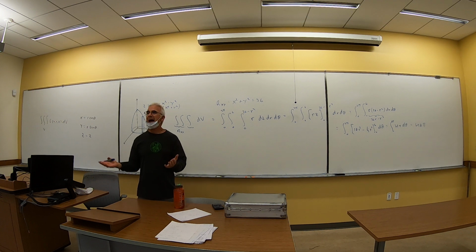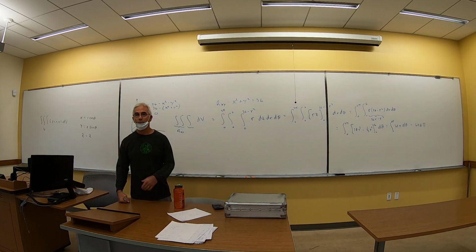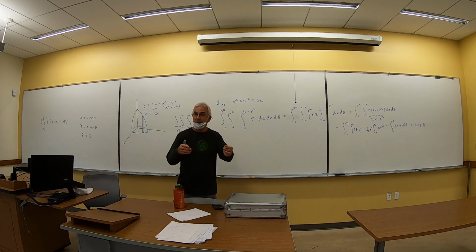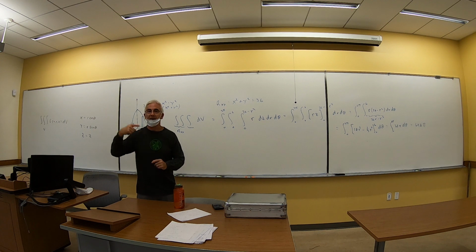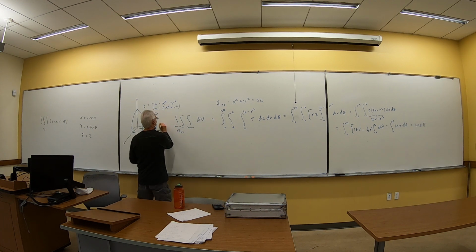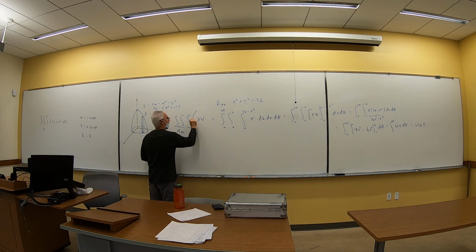In other words, I want the mass of this object. Well, we saw last day, when you're doing the mass, you're still integrating over the volume. If it's two-dimensional, you're still integrating over the area, but you have an additional thing in your integrand, the density. So if I wanted this to be a mass problem, I'm going to change this now to mass. What would be different?